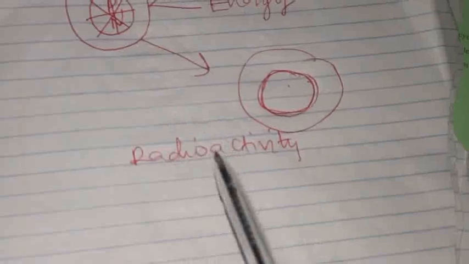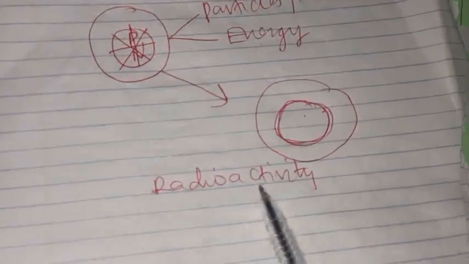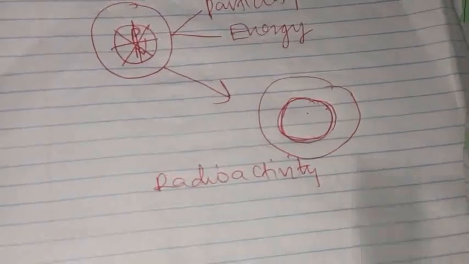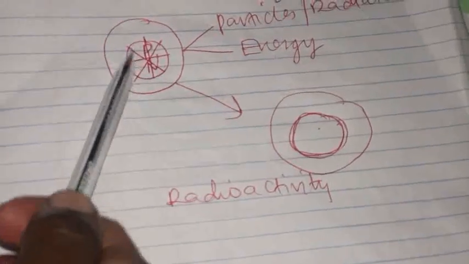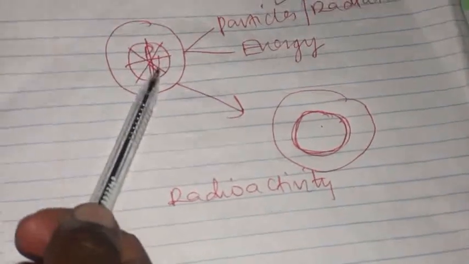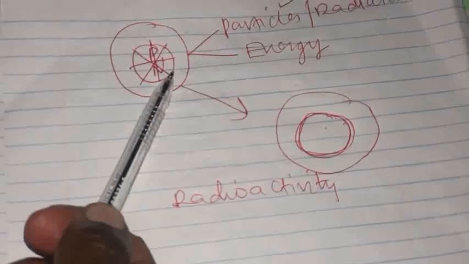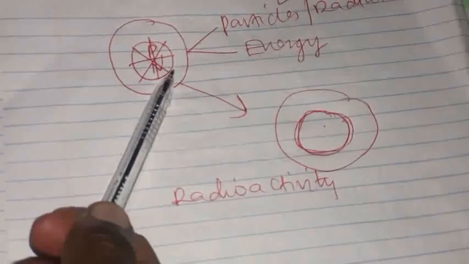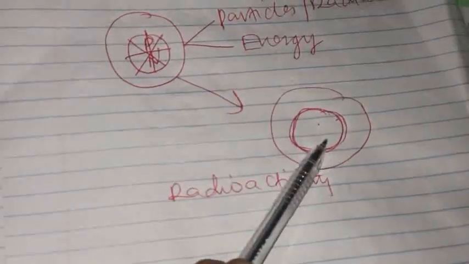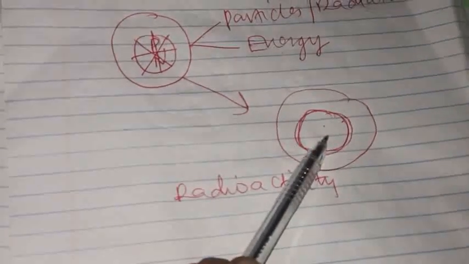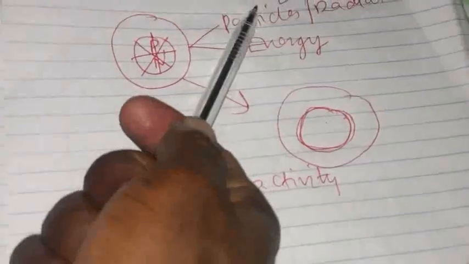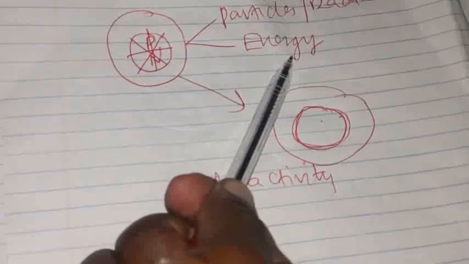I repeat, radioactivity is a process where a very unstable nuclide ends up breaking up to yield another nuclide of different composition with emission of particles and energy.